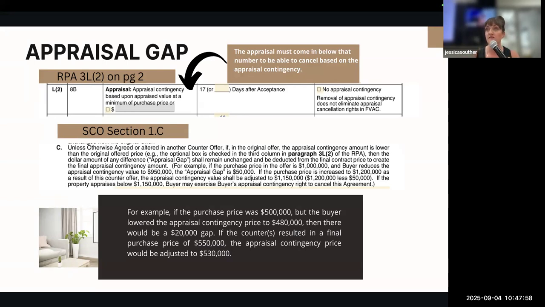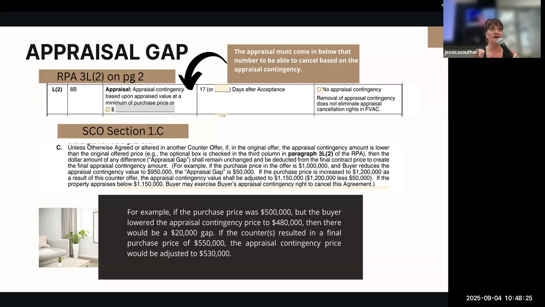So if the purchase price is $500,000, the buyer lowered their appraisal contingency to 480, we have a $20,000 gap. Okay, so let's say we're gonna counter and we actually want 550 for the house. That appraisal gap doesn't go all the way to $50,000. It stays right at that 20, adjusting that to $530,000.